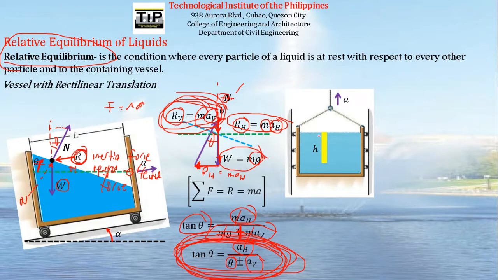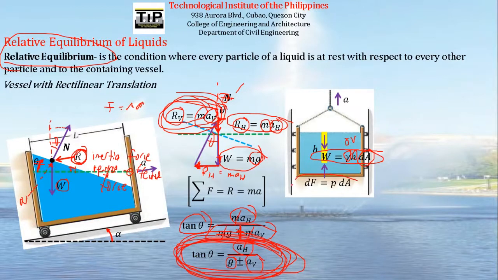So it has a height. Now let's consider the weight of the fluid. It's equal to gamma times the volume, right? Also, it's equal to gamma times the height times the area.